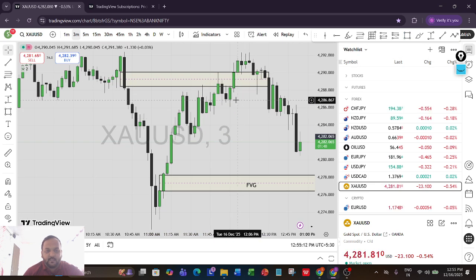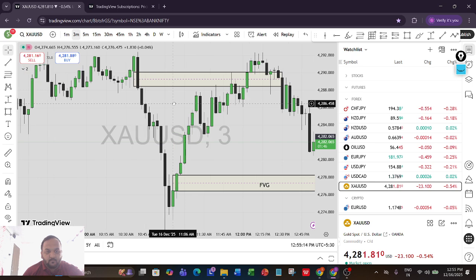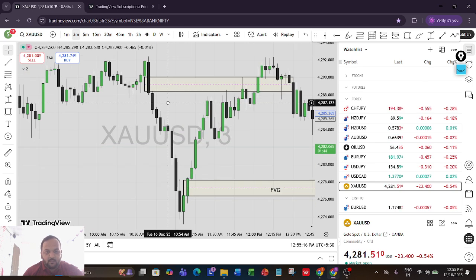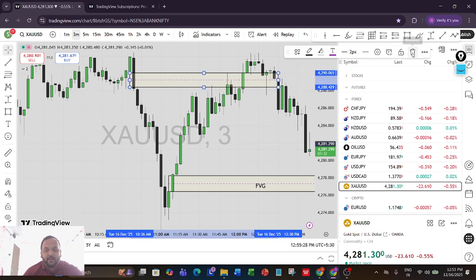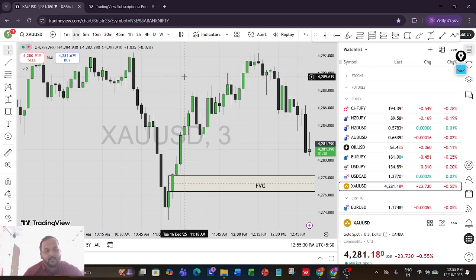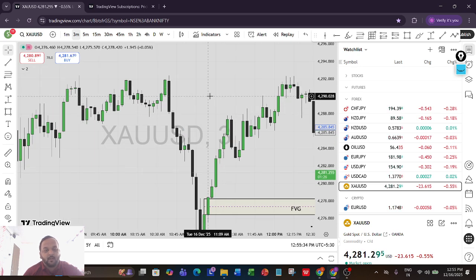This is the sell side bearish structure fair value gap. So three consecutive candles and the gap in the second candle is called fair value gap. This is the easiest way to trade, and the smart players mostly trade on fair value gap. It's the simple concept of SMC, smart money concept.